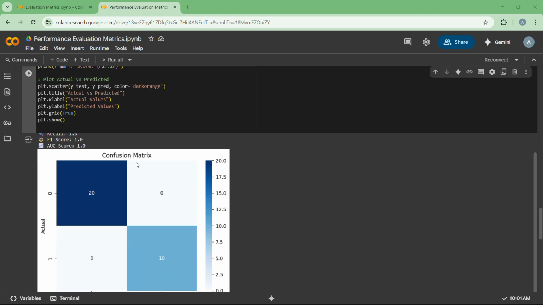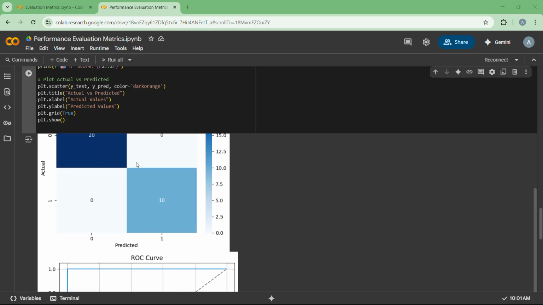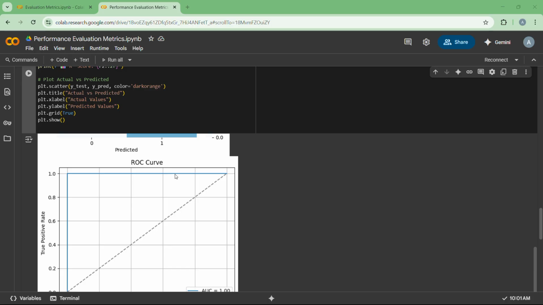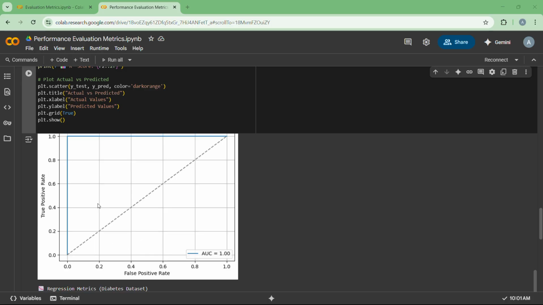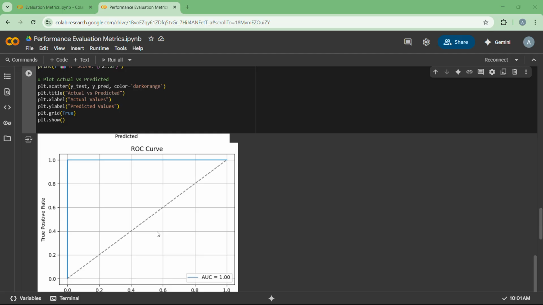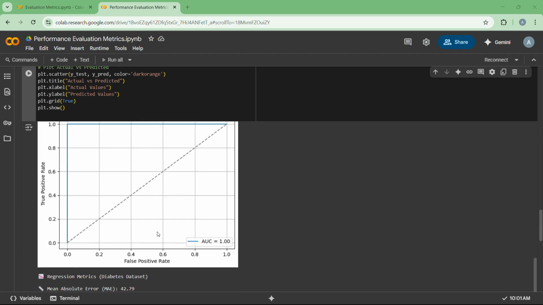And this is the confusion matrix, between actual and predicted values. And the ROC curve: the values are true positive rate and false positive rate. So this graph is plotted between these two values.